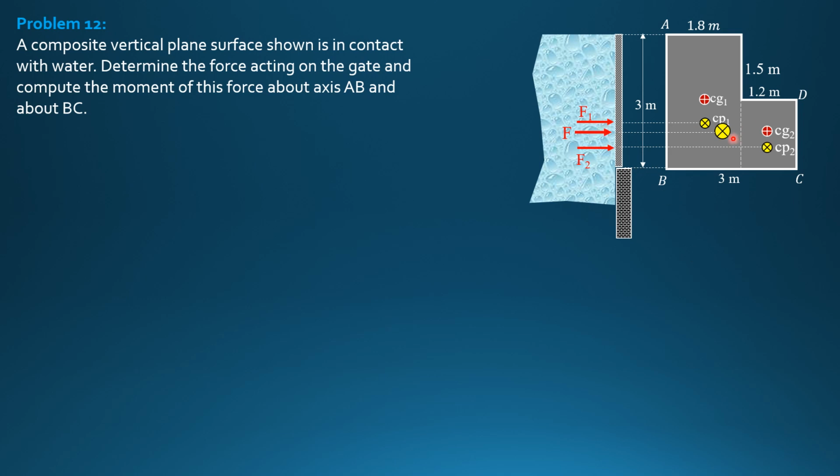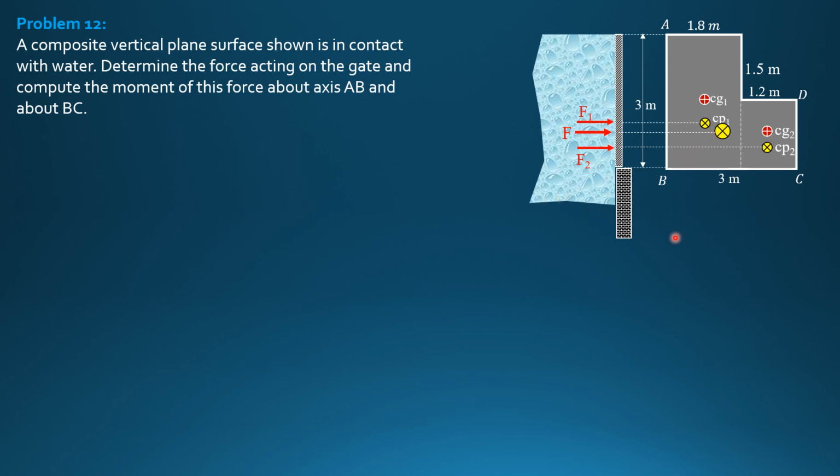We can actually locate the CP for the entire composite area if we want to, but we just want to solve it in an easy way by considering the components instead of the single force. It will extend our solution if we locate that point.